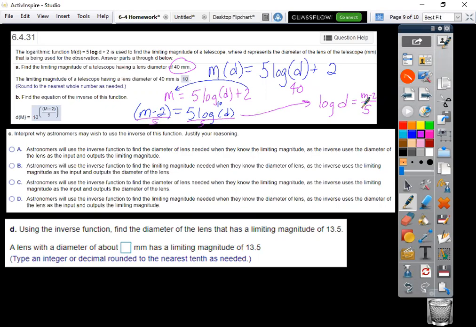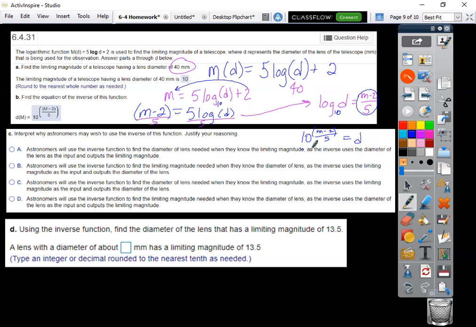And then finally, to finish this off, remember this is base 10. When your variable is here and you've got your log expression all alone, that's now your clue to change to an exponent problem. So my base 10 to this whole power, that whole m minus 2 over 5 is the exponent here, equals my d.